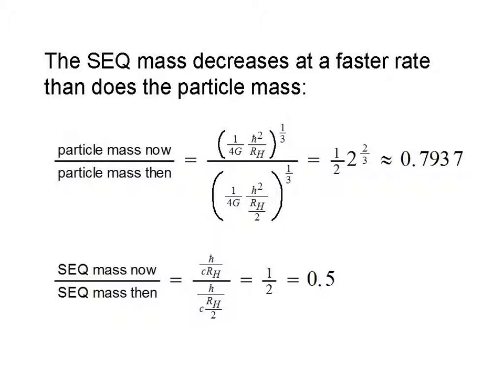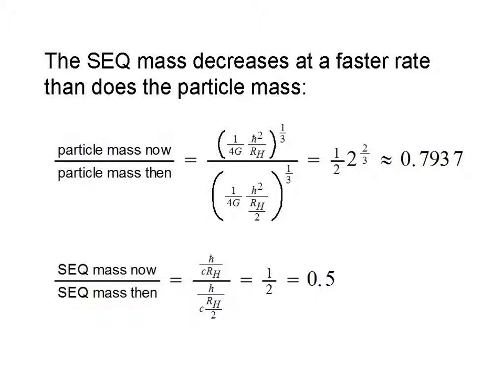We see here, as we've seen numerous times, our now and then approach. Particle mass, with a doubling, shrinks by about 0.8. The SEQ mass shrinks at 0.5 with a doubling. The quanta are shrinking at a faster rate than the particles are.